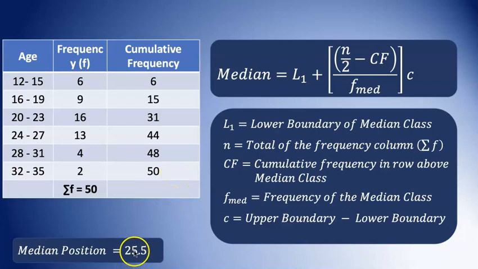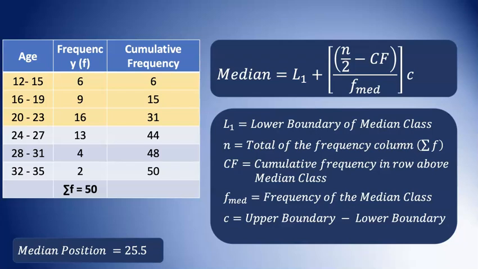So, finding the median class. We're saying the median is between 25 and 26, so we need to find where position 25 is in the table. Up to the first row, we only have 6 students, so we're not at 25 yet. Up to the second row, we're up to 15 students. We're still not at 25.